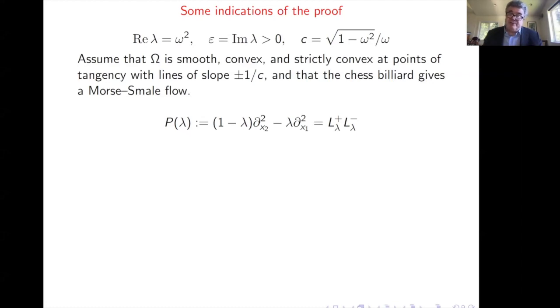When epsilon is zero, this is a hyperbolic operator. This factorization shares the features of the factorization of the wave operator in the standard way, but also of the factorization of the Laplacian as dz and dz bar. And these operators here, when epsilon is positive, have features which are the same as dz bar.